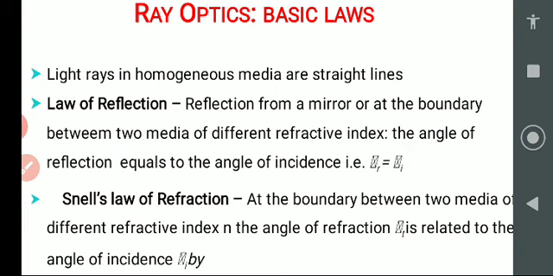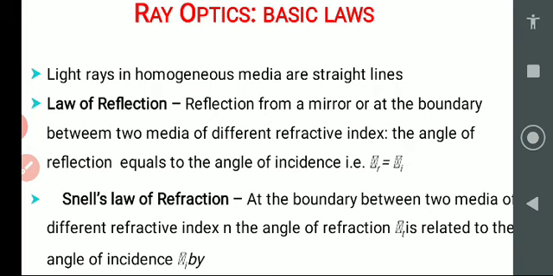There is another law, which is known as Snell's law. This law is basically the law of refraction. Snell's law states how a light ray reacts when it meets the interface of two materials having different indices of refraction.